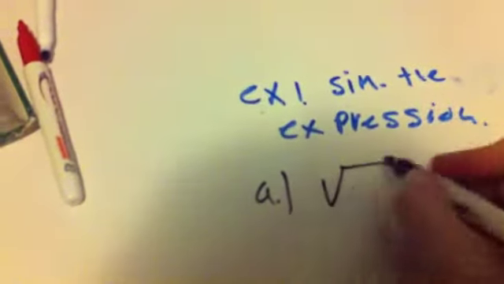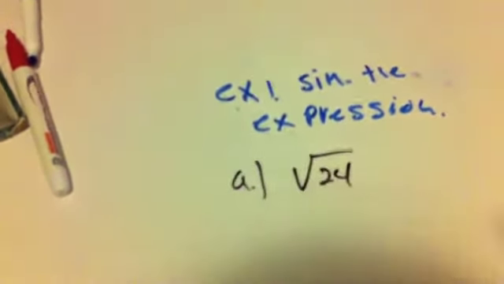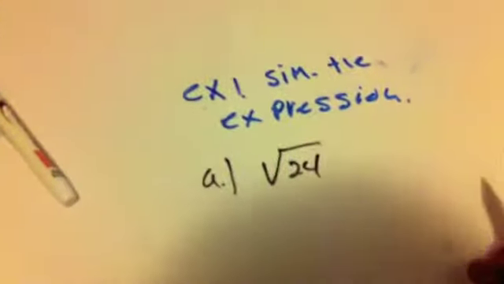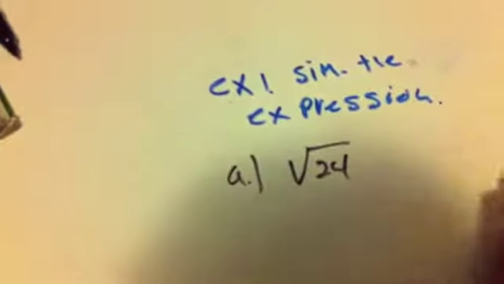Part A of this example, we'll say the square root of 24. Now, again, if you're not real clear on how to simplify radicals, see my simplifying radicals video, and that will help you.